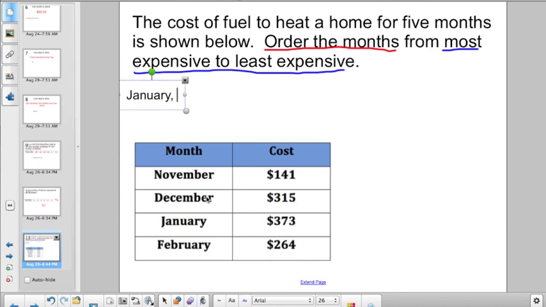And I'm ordering months, so that would be December. After December, the next expensive month was 264, and that happened in February, right? And our last month is going to be the $141, and that happened in the month of November.